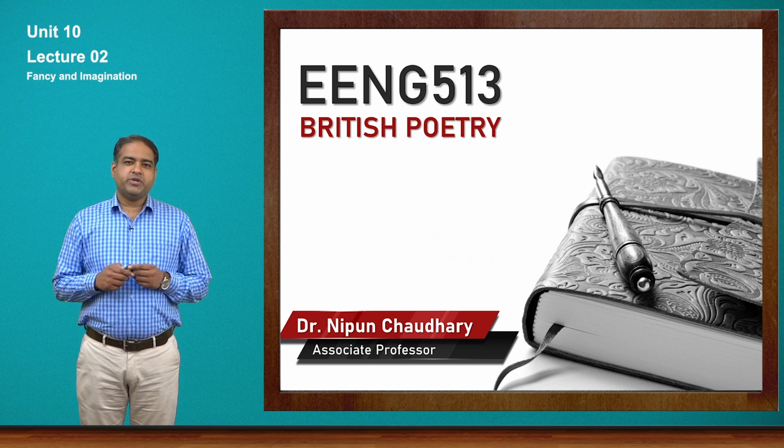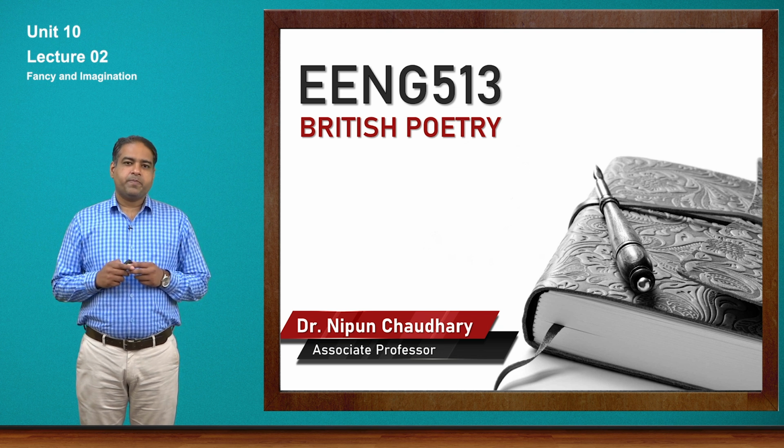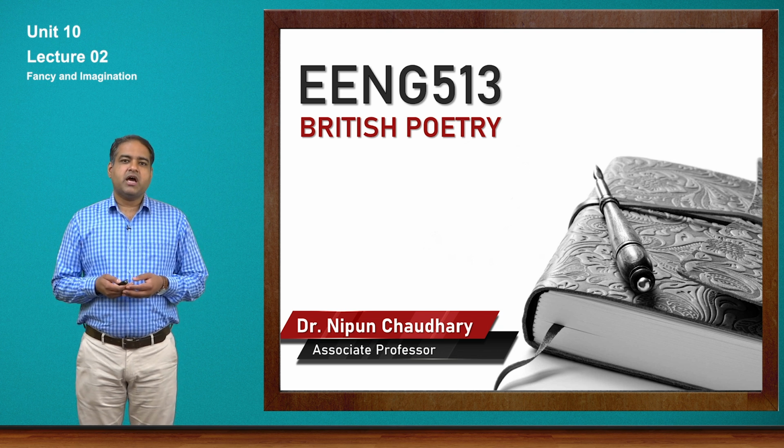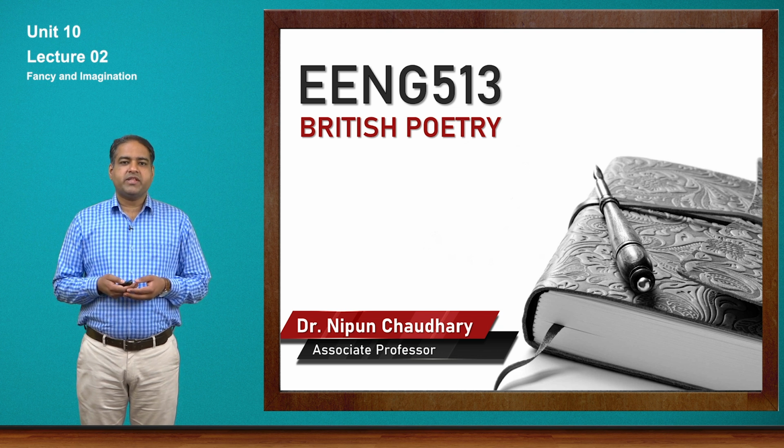Friends, we were on Unit 10 discussing Samuel Taylor Coleridge's Kubla Khan. The first topic which we discussed in this poem was, let us say, the willing suspension of disbelief, and now in today's class we are going to talk about the next topic, that is fancy and imagination.